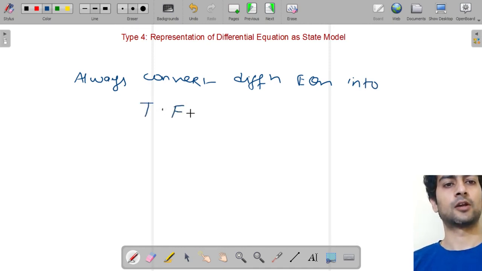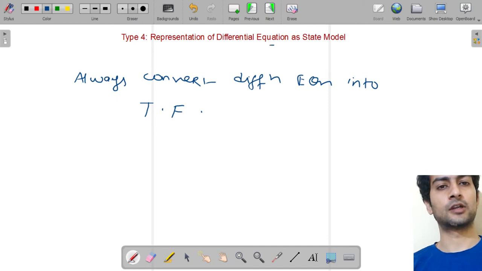Means you will be given a differential equation and asked to find its state model. So always convert that differential equation into a transfer function, and from the transfer function, how we get the state model, that we have discussed in detail.